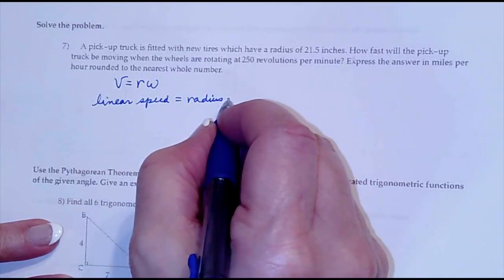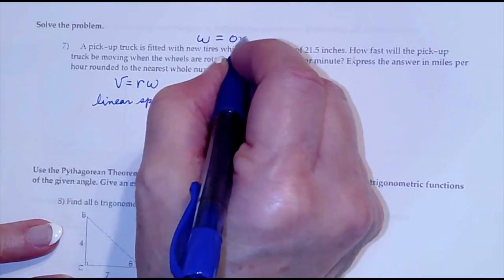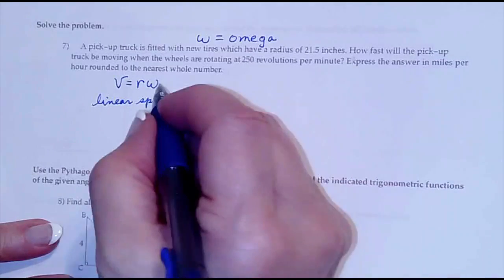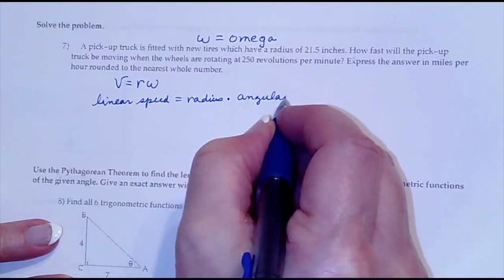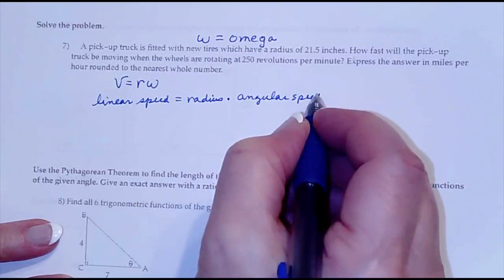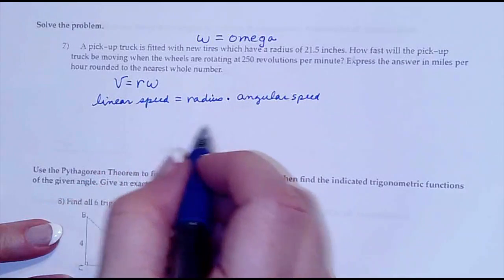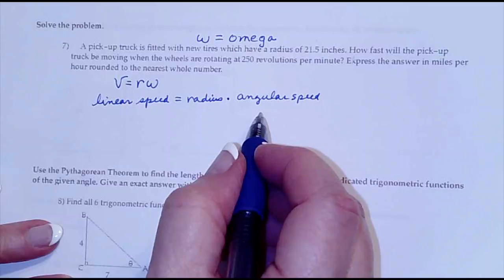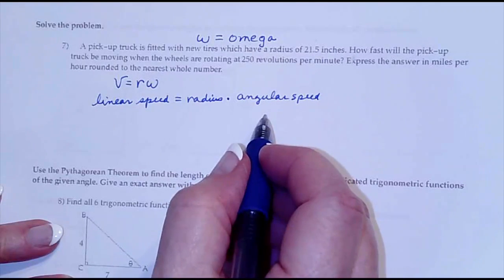And the omega is a Greek letter that we use, in this case, for angular speed. So linear speed is like miles per hour, feet per second. Angular speed is like rotations per minute, or revolutions per hour, that kind of thing.